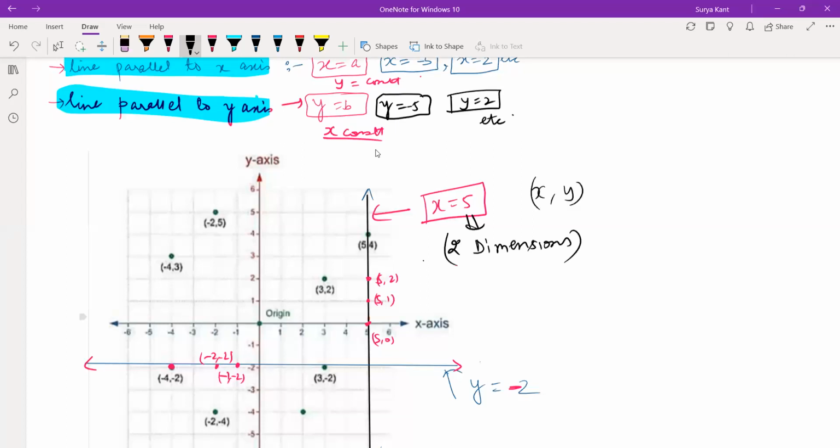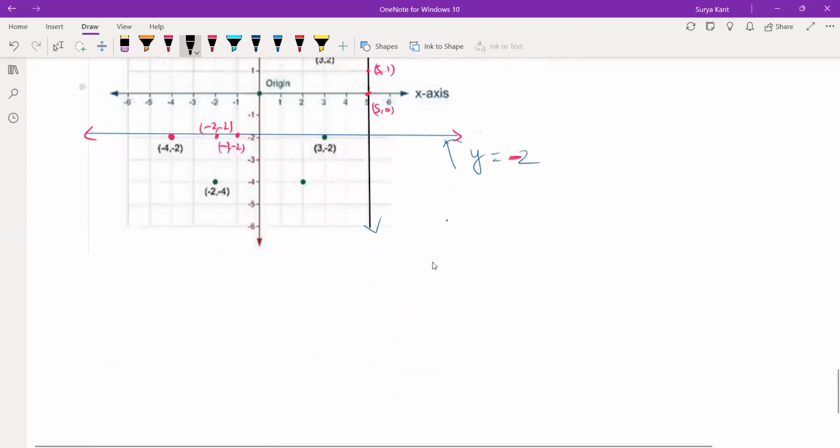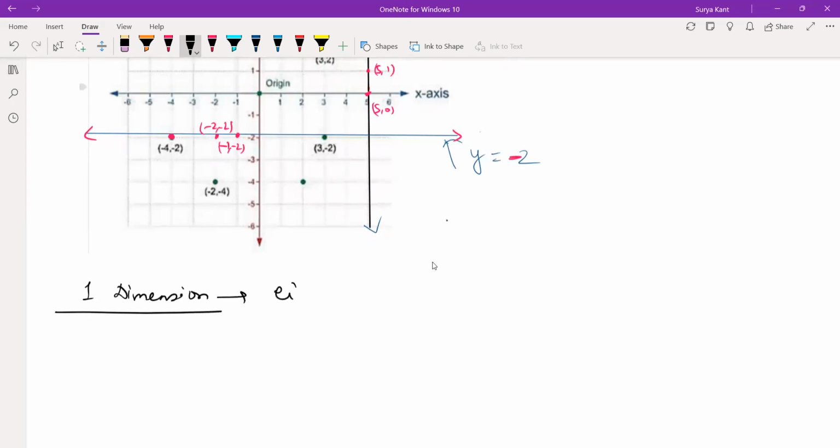But in your class 9th, they have considered 1 dimension also. 1 dimension means either x or y.